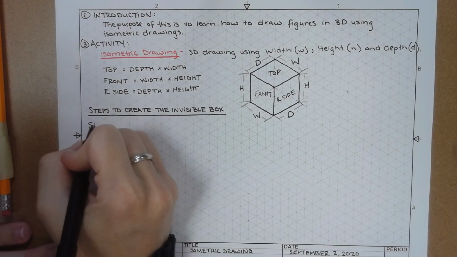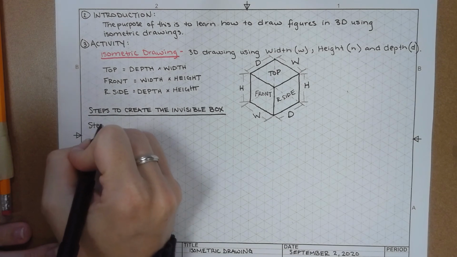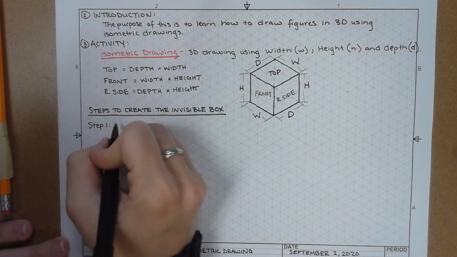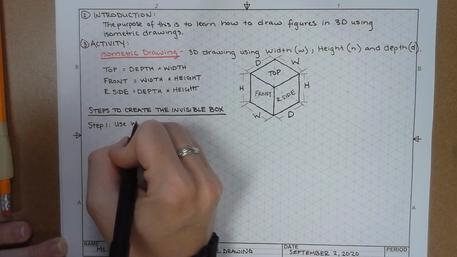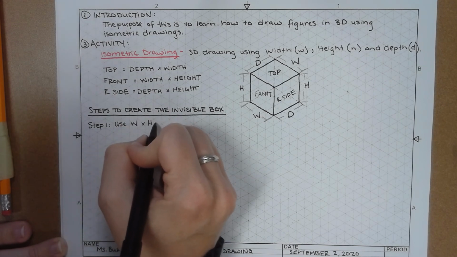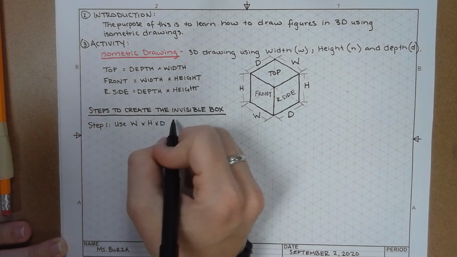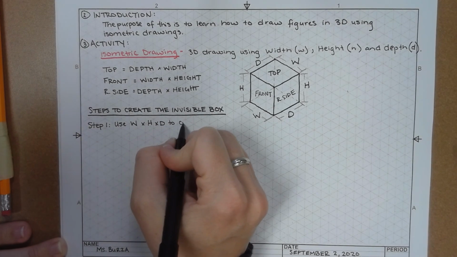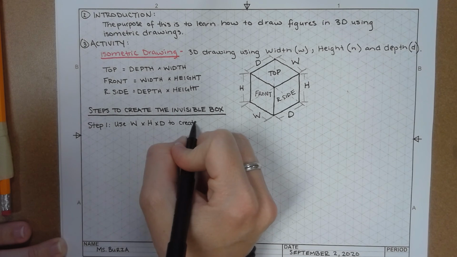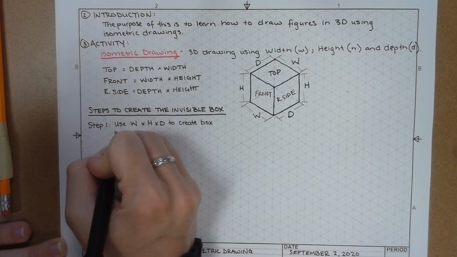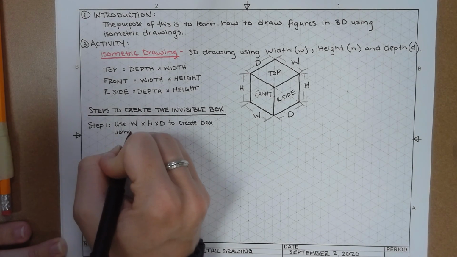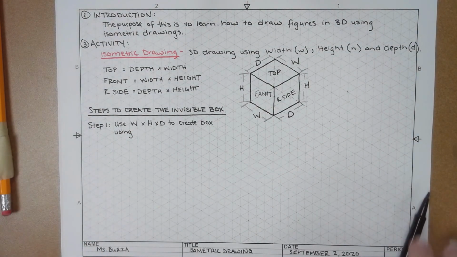So step 1, we're going to use the width, the height, and the depth to create the box using construction lines.